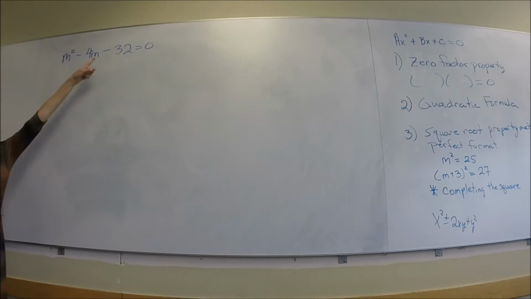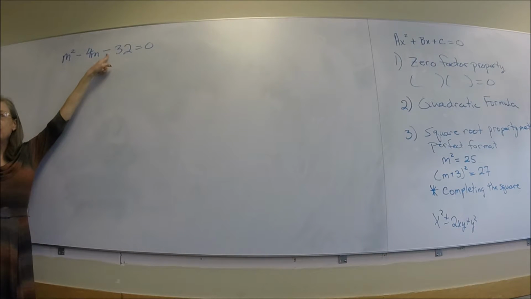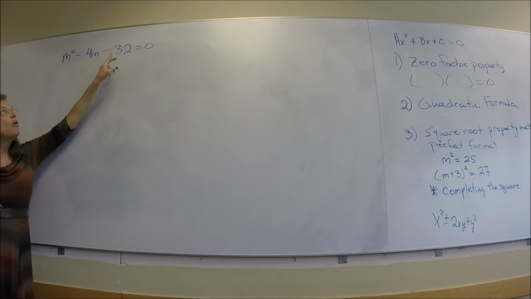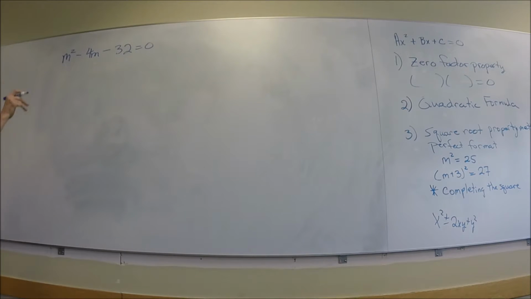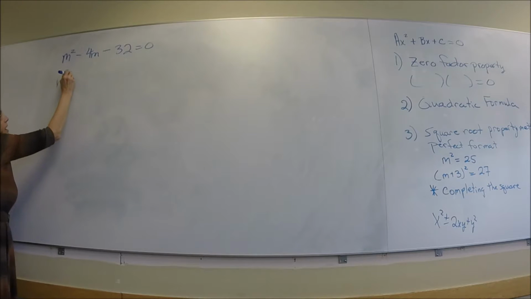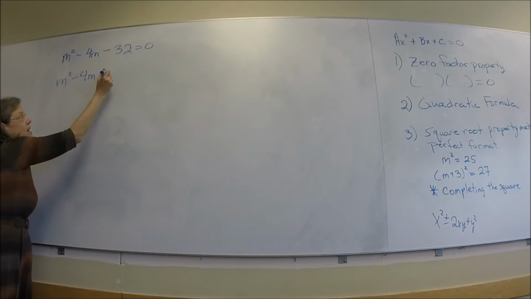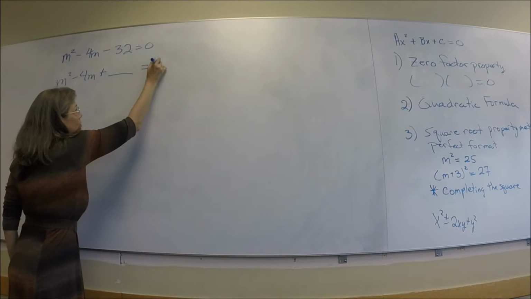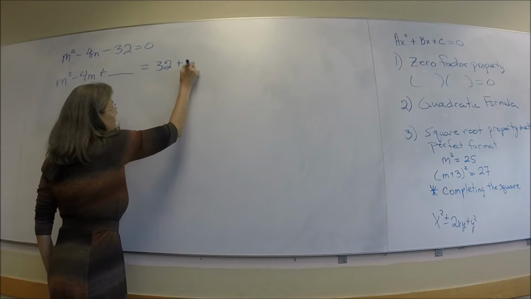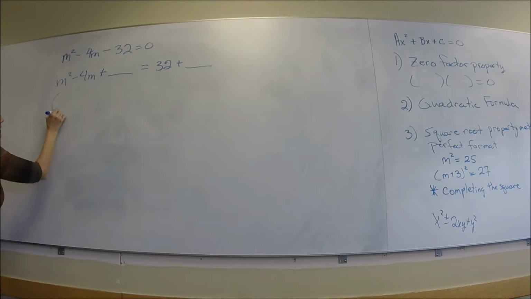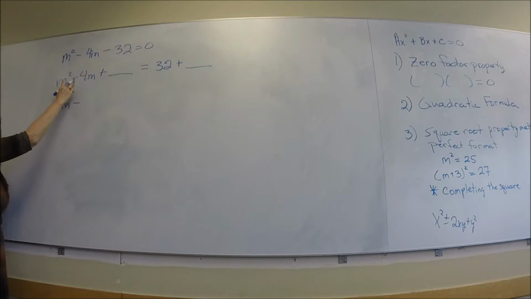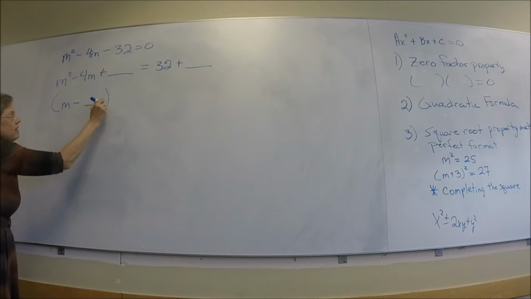Okay? All right. So once again, this is not a perfect square trinomial. Okay? So I'm going to set up my 2 steps, put him on the other side. So m squared minus 4m plus, because in a perfect square trinomial, it's always plus. And then my second step, minus, because this guy's minus.